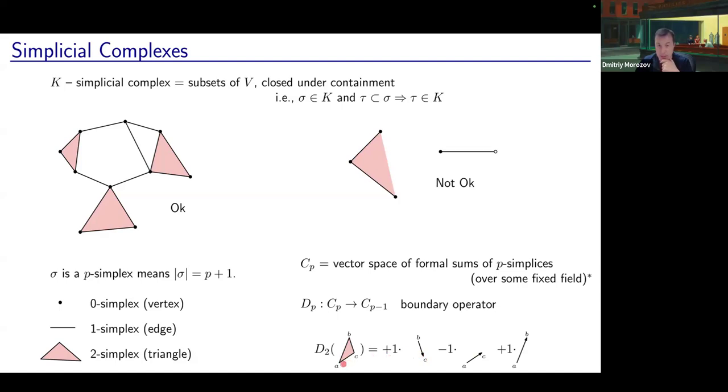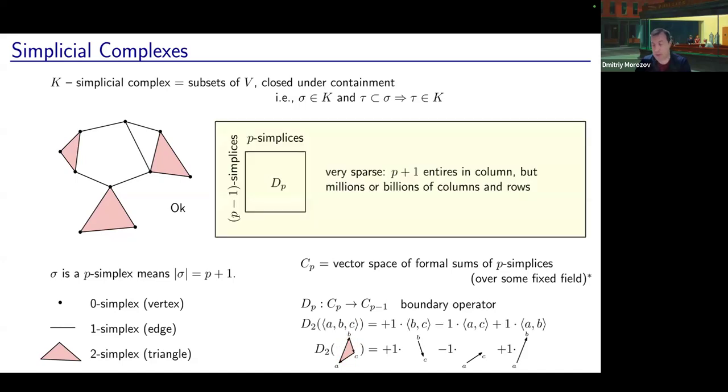So ABC went into BC minus AC plus AB. So it kind of went around the triangle. And so we can think of this boundary operator as this matrix where columns are p-simplices, rows are (p-1)-simplices. It's a very sparse matrix. There are p plus 1 entries in a given column, but there are billions of columns.